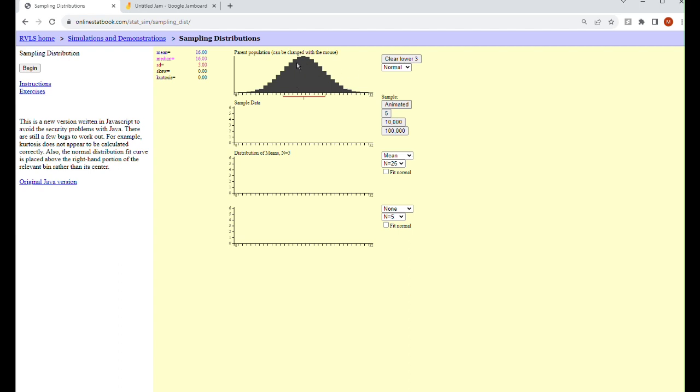I was talking about how our parent population does not have to be normally distributed, right? So let's mess it up a bit. Let's make it something very skewed, maybe something like this. So now it's not very normal looking.